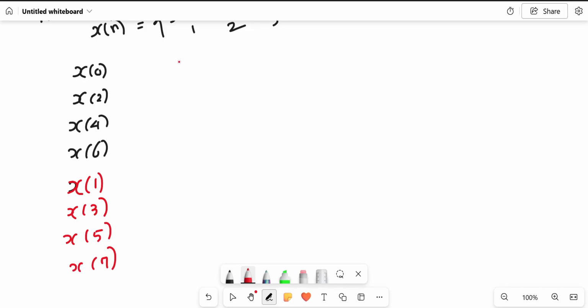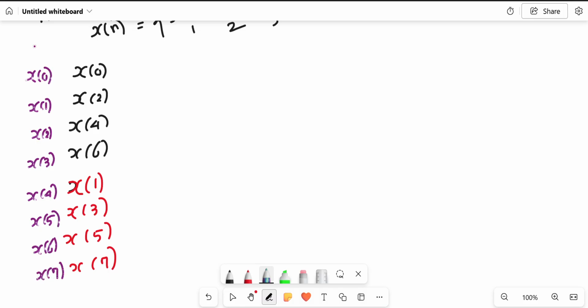Again this is divided into, first we will write the input given samples, x of 0, x of 1, x of 2, x of 3, x of 4, x of 5, x of 6, x of 7. So here this is a decimation in time algorithm.